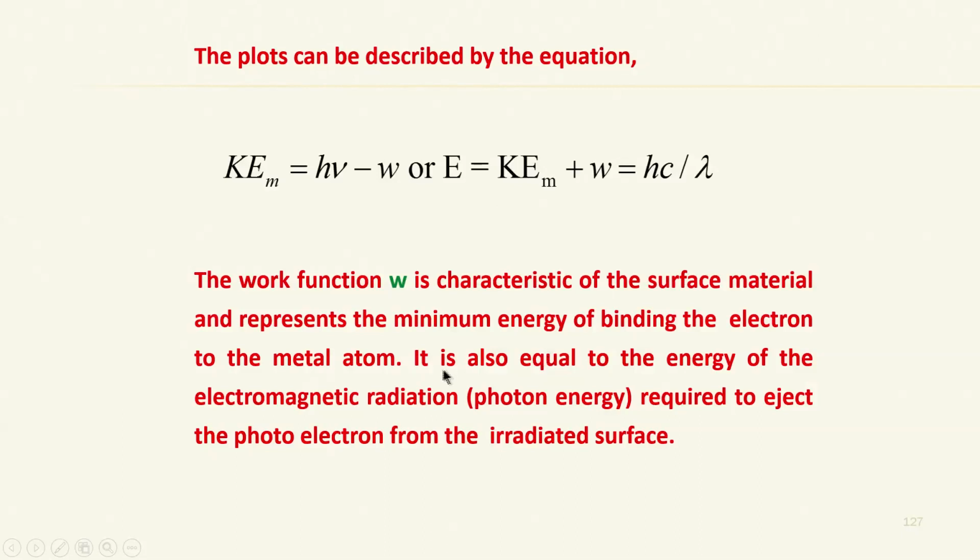The moment the energy exceeds the binding energy, the electron will be released and current will flow. It is also equal to the energy of the photon, the electromagnetic radiation required to eject the photoelectron from the irradiated surface.